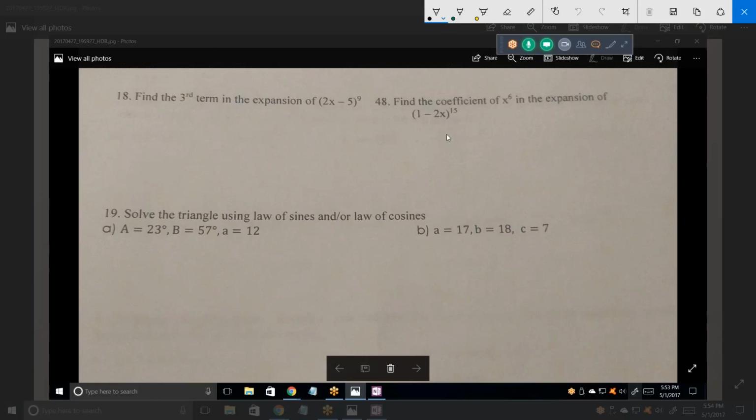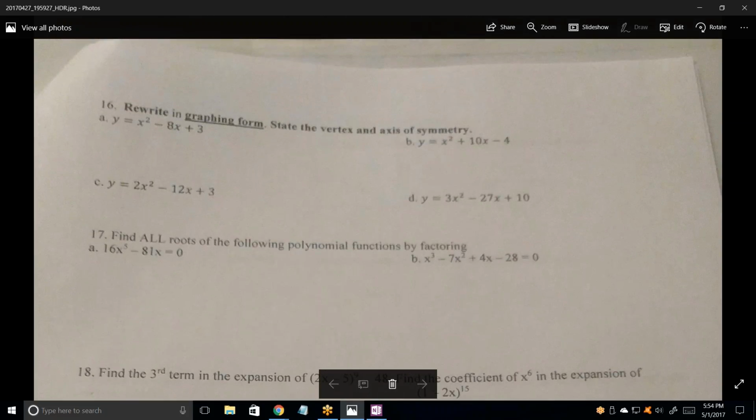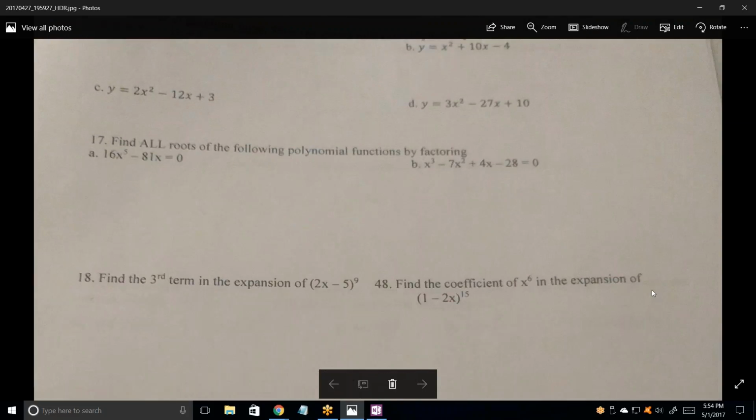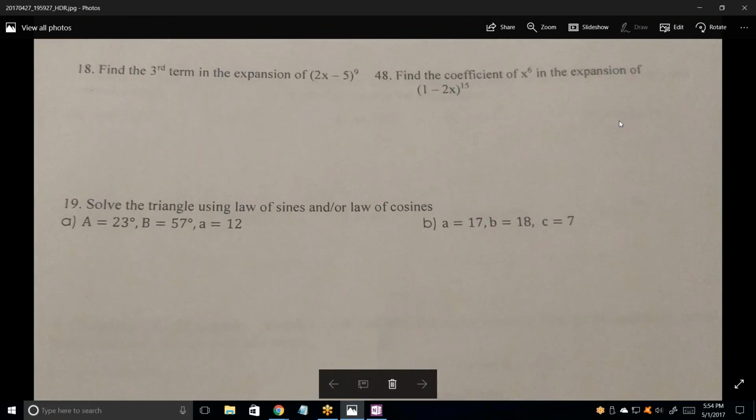It goes 18, 48, but if I go down, that wouldn't happen. I think she just typed it wrong. Oh, did she? Probably. What happens if I scroll? Oops, hold on. Yeah, you're right. That's the first time she's put a number next to another one. All right.